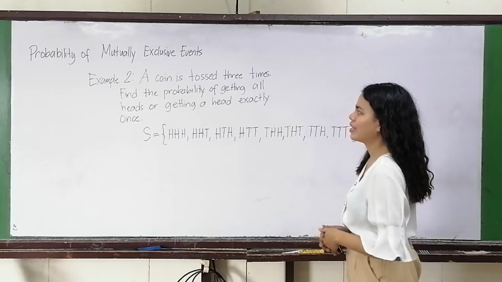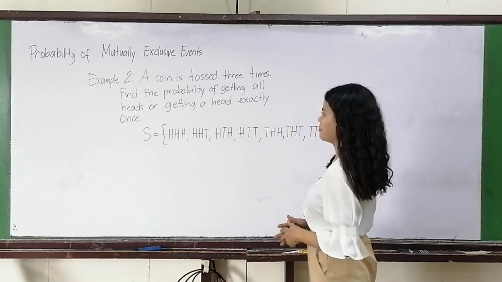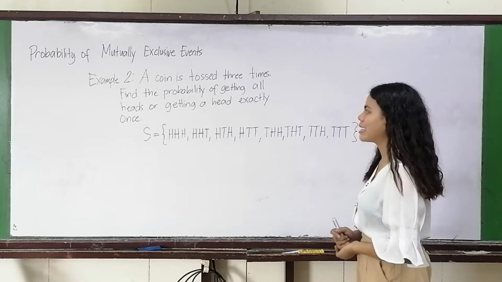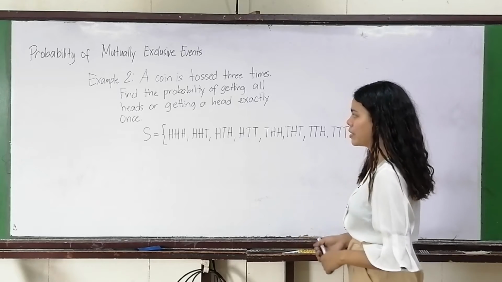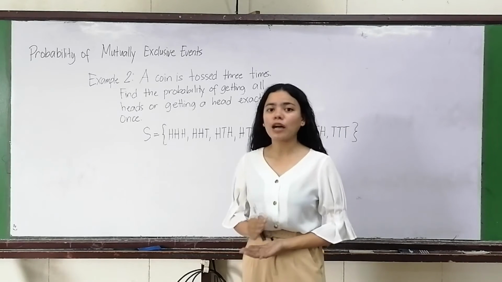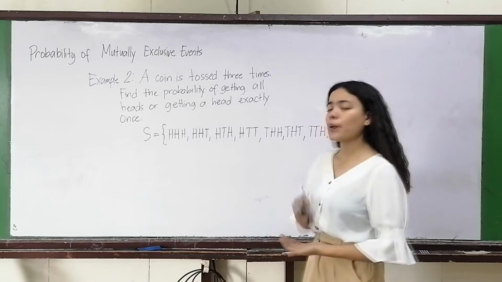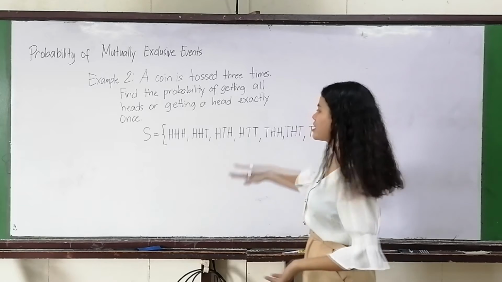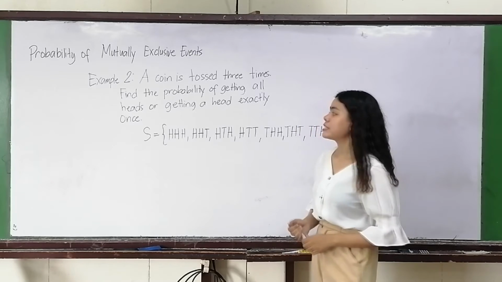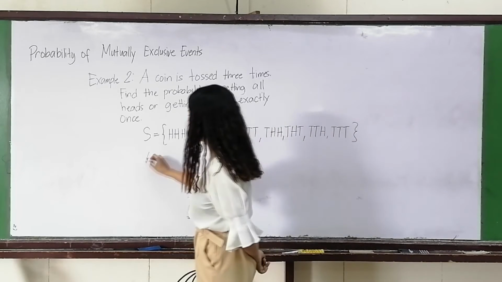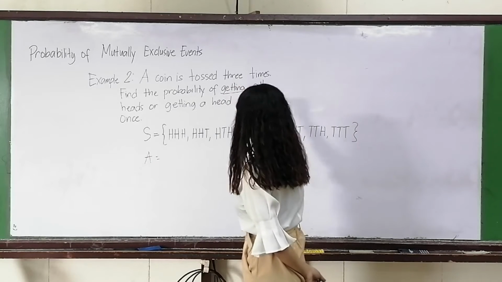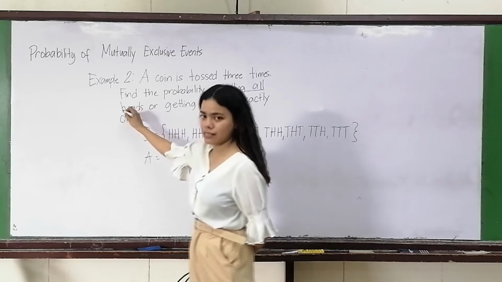Example number 2. A coin is tossed 3 times. Find the probability of getting all heads or getting a head exactly once. Recall that when you toss a coin 3 times, you have a total of 8 possible outcomes. And this is the sample space. So now, let A be the event of getting all heads.